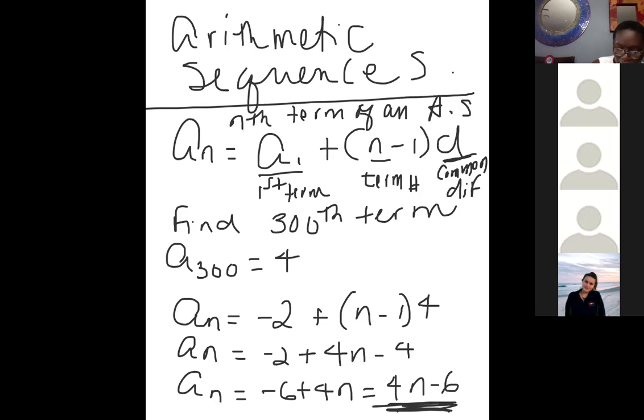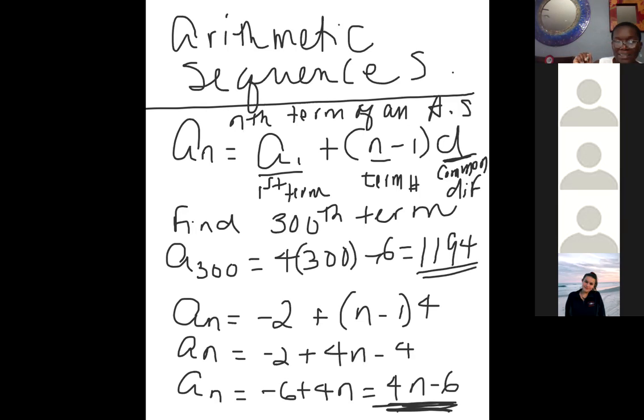So 4 times 300 minus 6, and then work it out. 4 times 300 is 1,200. 1,200 minus 6 leaves you with 1,194. So this would be the 300th term in that sequence. Questions?